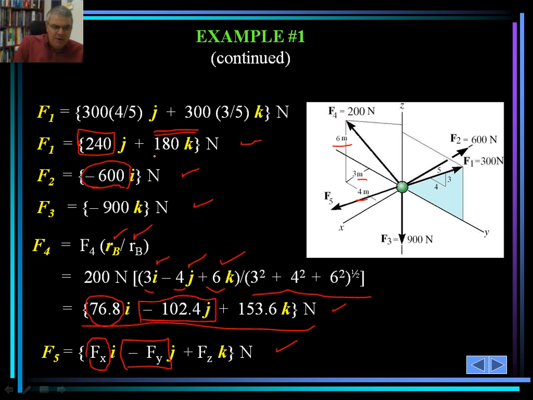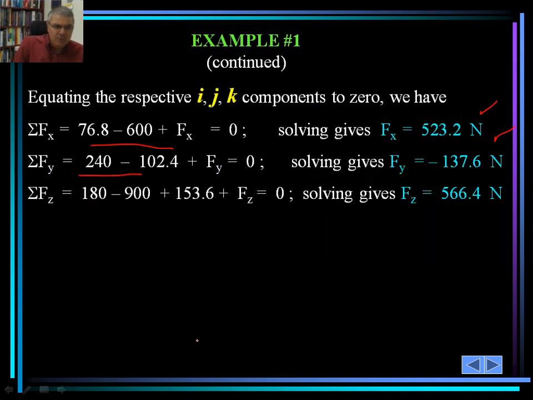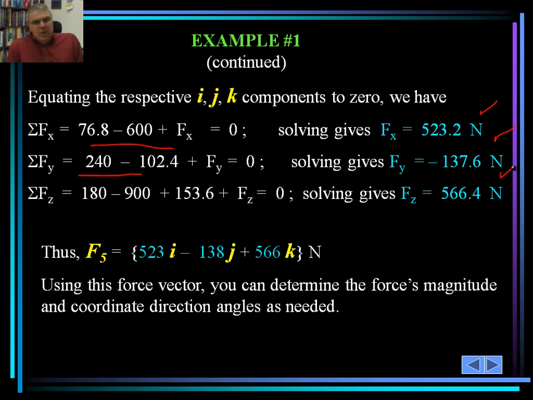So there's a 180k component for F1, F2 nothing, F3 there's another one which is 900k, negative 900k, and there's also 153.6 here, okay, and there's also an f sub z. So we add these four terms together, 180 minus 900 plus 1, and so on. We're solving it for f sub z, and that will be the answer for f sub z.